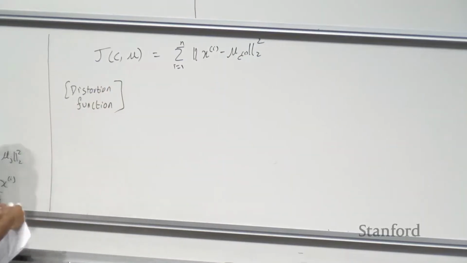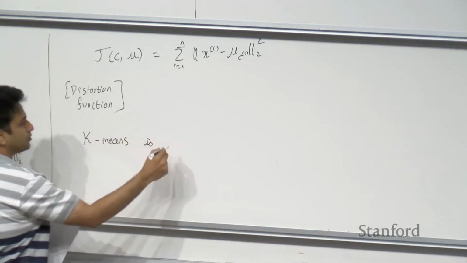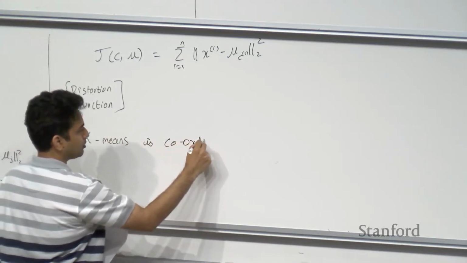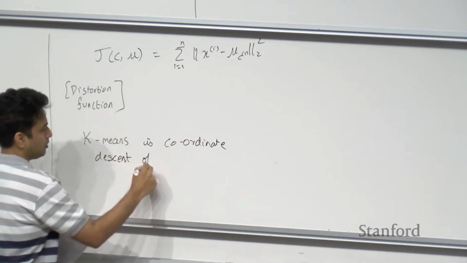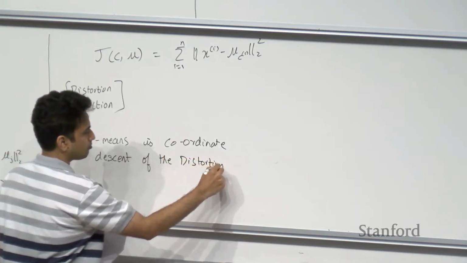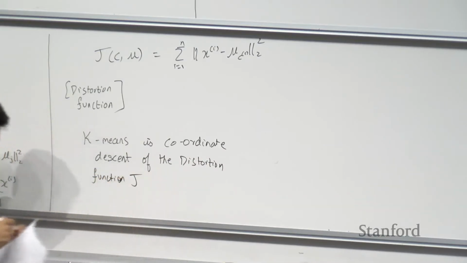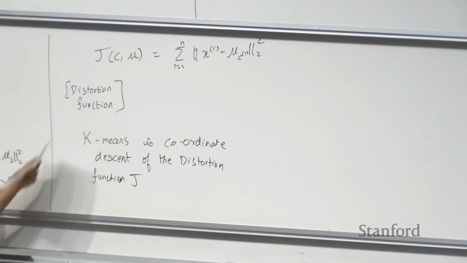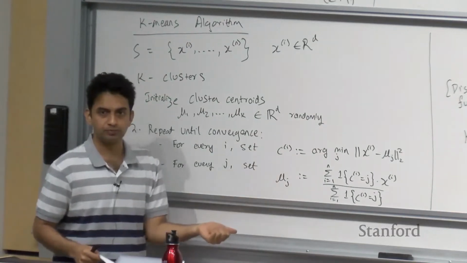Right? So k-means is coordinate descent of the distortion function J, where in one step we optimize it with respect to c, and in the other step we optimize it with respect to mu, and the result of the optimization results in these closed form rules for recalculating the c's and mu's.